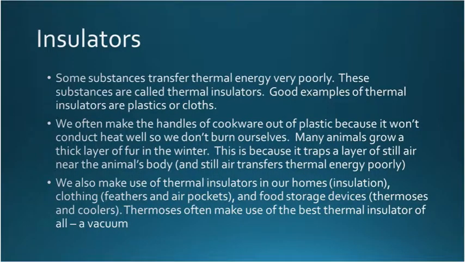This is because it traps a layer of still air near the animal's body, and still air transfers thermal energy poorly. We also make use of thermal insulators in our home: insulation, clothing, feathers and air pockets, and food storage devices, such as thermoses and coolers.